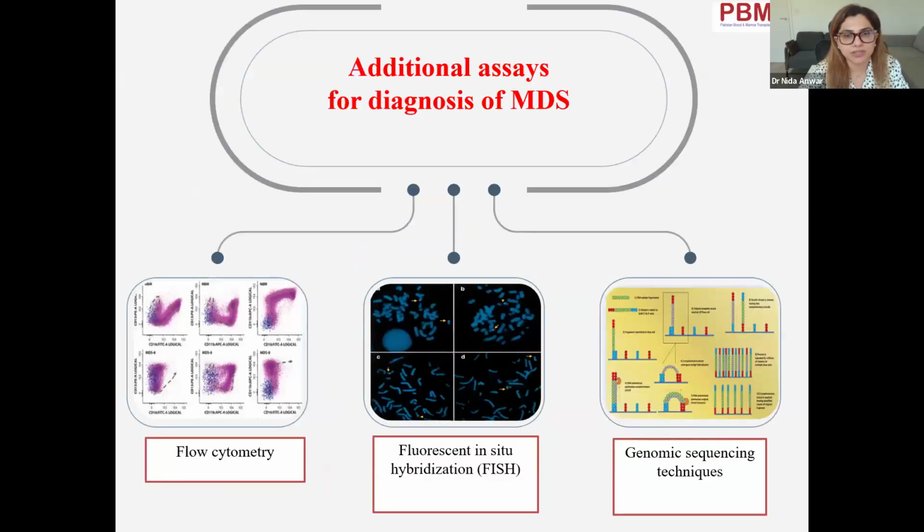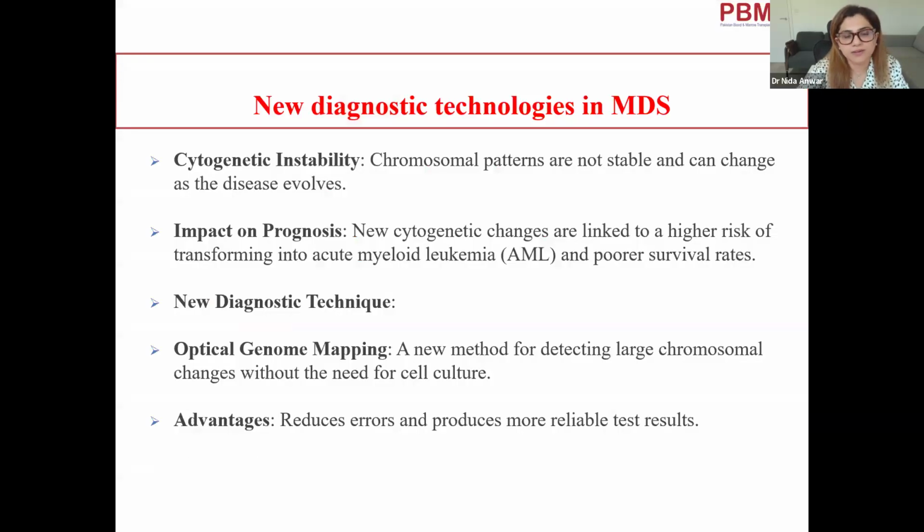The additional assays for the diagnosis of MDS include flow cytometry, fluorescent in situ hybridization, and genomic sequencing techniques, keeping in view that with conventional karyotyping, the chromosomal patterns have quite some instability. They're not stable and can change as the disease evolves. And these new cytogenetic changes are linked to higher risk of transformation into acute myeloid leukemia and poor survival rates.